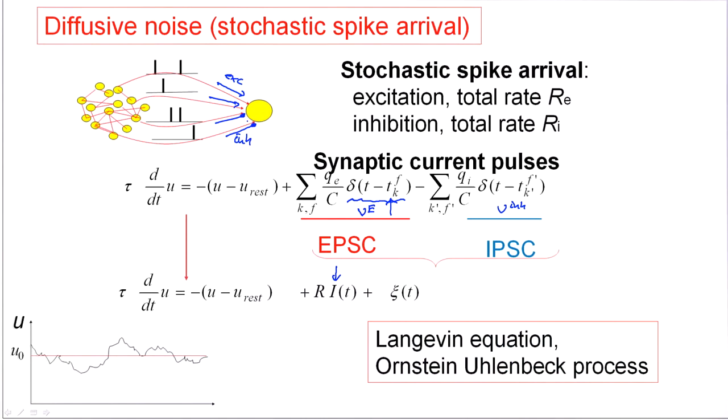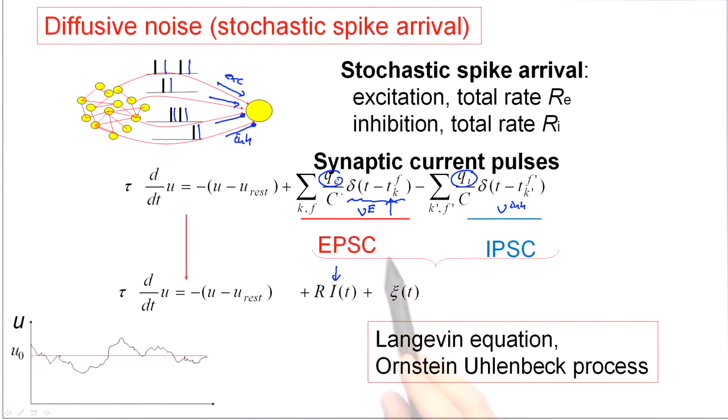Now let's suppose that we increase the frequency in each of the input channels while decreasing the jump size, decreasing the charge delivered per pulse. Now if we increase by a factor of 10 and decrease the jump size by a factor of 10, then there are many jumps. The frequency is very high, but each jump makes only a very small contribution.